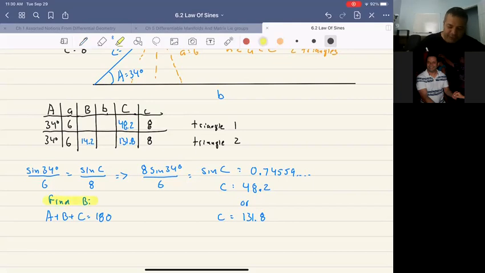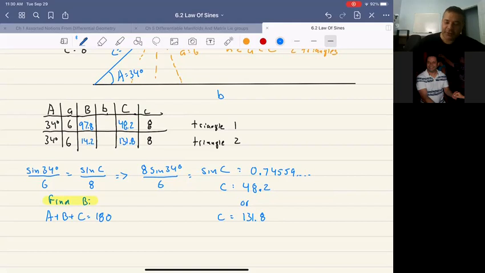I'm going to do it over here now. So I'm going to take 34 plus 48.2 and subtract that from 180. And I'm going to get 97.8. Okay. So now I have two different B angles, and now I can find the side b.